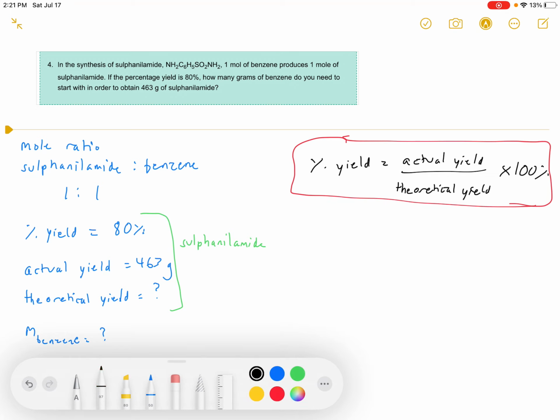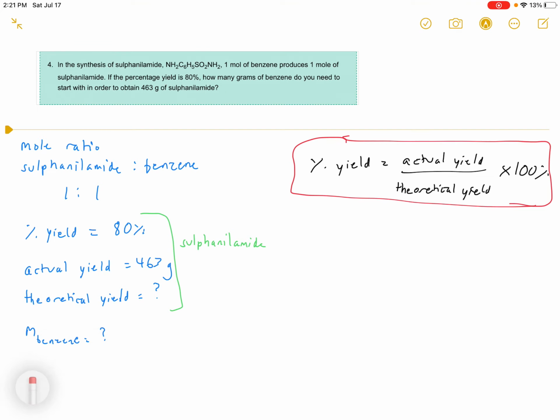Now, see here, if we go back here, we want the theoretical yield. We know every other piece of information in this formula except the theoretical yield. So that would be a good hint for me when I'm reasoning my way through this problem to think, okay, my next step is probably that I need to perform algebra.